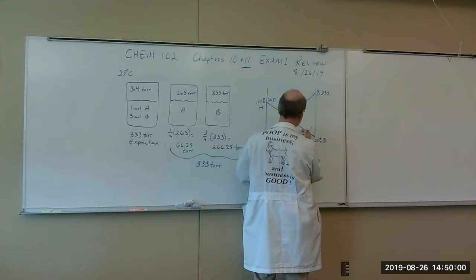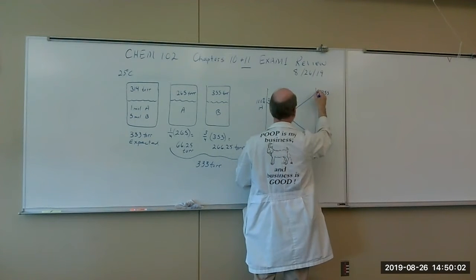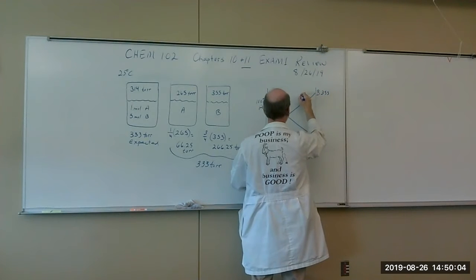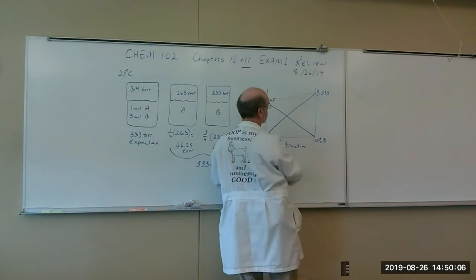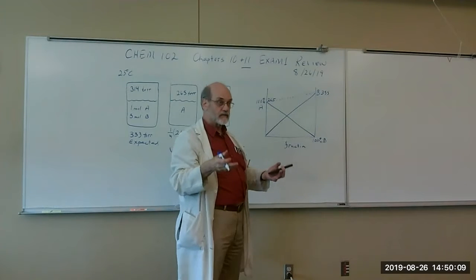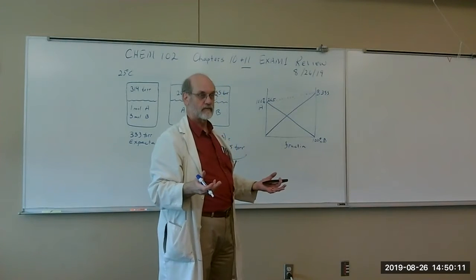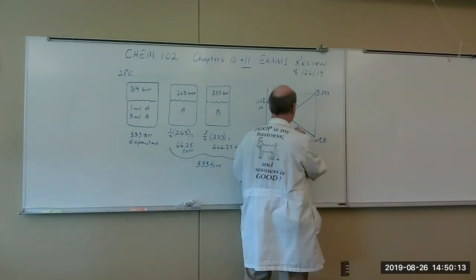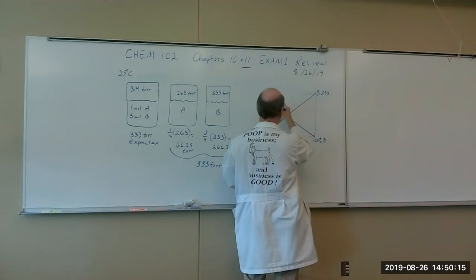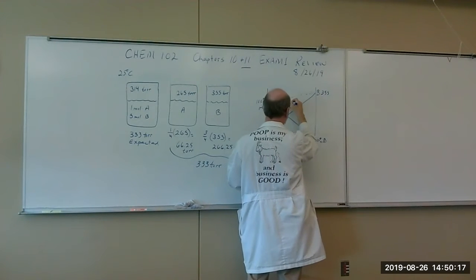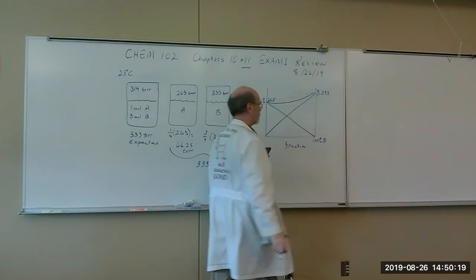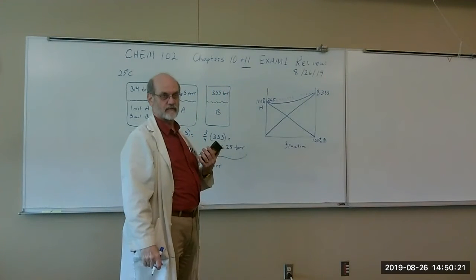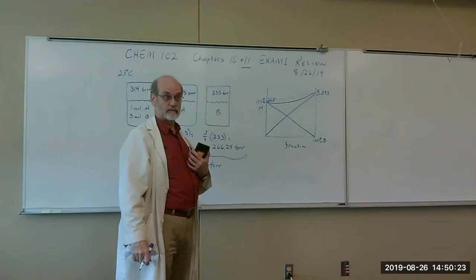we would expect an additive. But instead of this one, like that, which would be ideal, no interaction, we actually get that. That's a negative deviation.